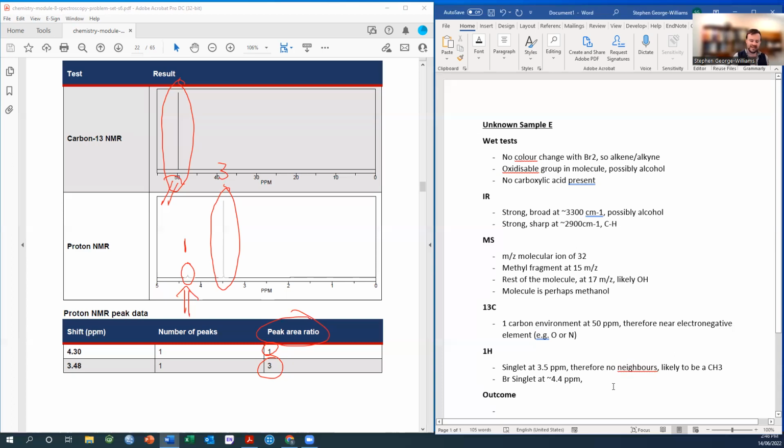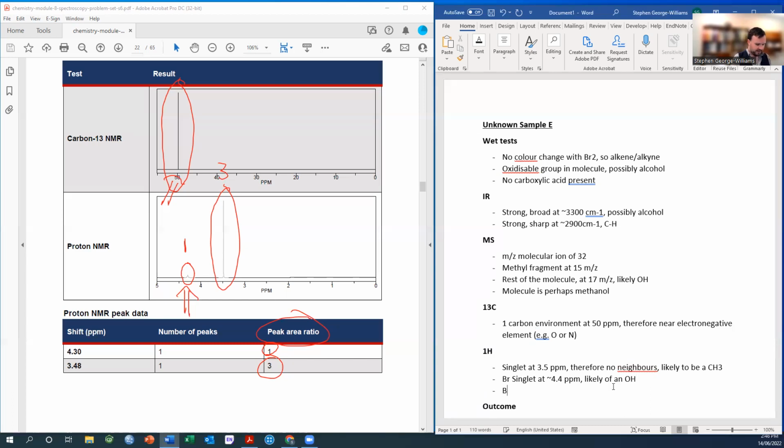And this broad singlet is very characteristic of an OH. Note that for alcohols, that hydrogen does not undergo splitting, so you're not going to get doublets or triplets. It will stay as a singlet. And that broad nature is very characteristic of something like an alcohol.